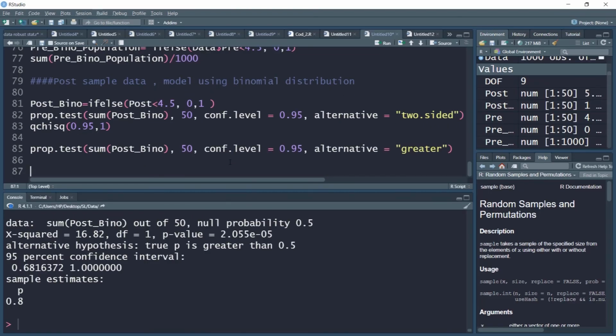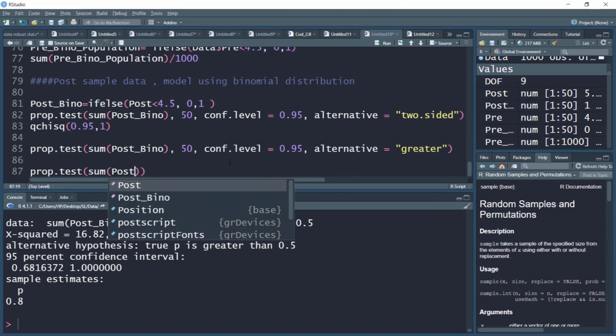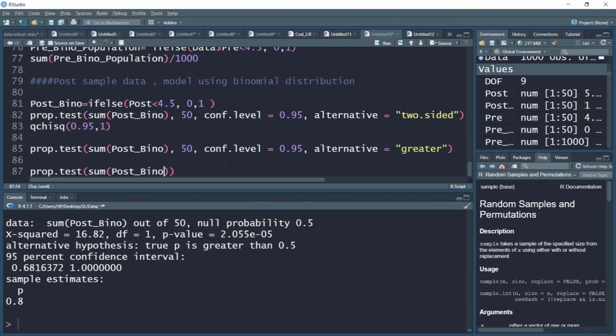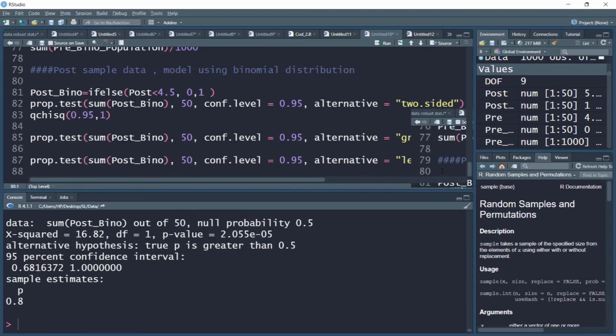So we can also conduct the opposite hypothesis, although it will be spurious because we have already seen that the probability of having an individual with a score of 1 is much higher, but still we'll conduct the opposite hypothesis. Same arguments: we'll use sample size as 50, confidence level as 95%, and alternative is less, which means that we are saying that finding an individual with a score of 1 has less than 50% probability compared to finding an individual with a score of 0.